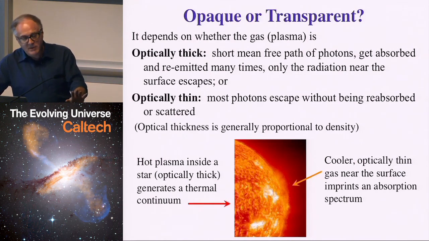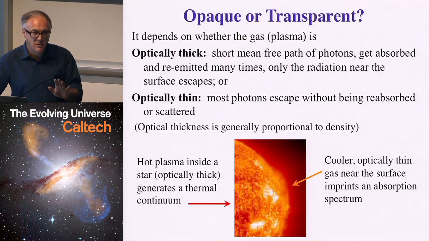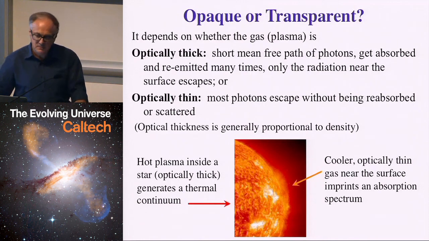And then the outermost layers are radiating away, so they're cooler. And so that cooler gas, according to Kirchhoff's laws, will be imposing an absorption spectrum. So the spectrum of the Sun is the spectrum of the outermost thin layer of plasma on the Sun. And the same is the case for just about every other astronomical source.